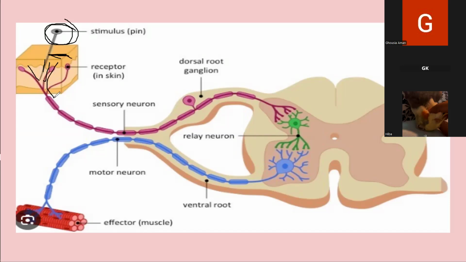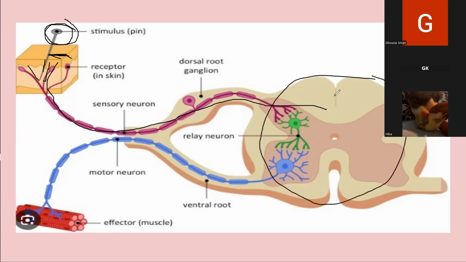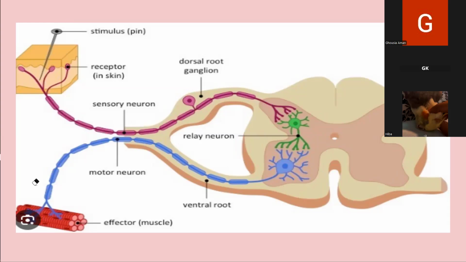And the impulse in the form of the sodium and potassium ions is now traveling via sensory neuron to your central nervous system. So this region is the central nervous system. The response via central nervous system will come to the relay neuron. The relay neuron will drop the response to the motor neuron, and the motor neuron will bring the response to your muscles, and if it was the mosquito, or if it was a pin, you will start rubbing your skin. So that is your response.